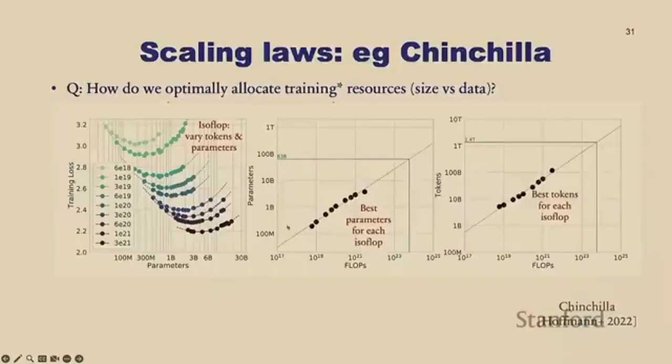So now I have something which tells me if I want to train a model of 10 to the power 23 flops, here's exactly the number of parameters that I should be using: 100B. And you can do the same thing with flops and tokens. So now you can predict, if I tell you exactly I have 1 month of compute, what size of model should I be training? Fit your scaling law, and I tell you.